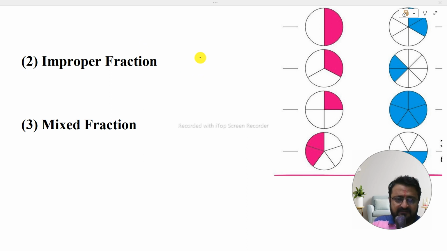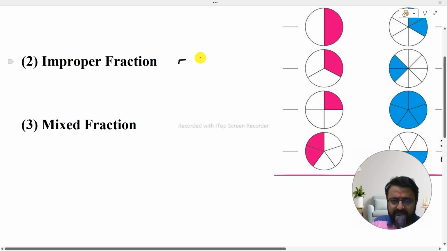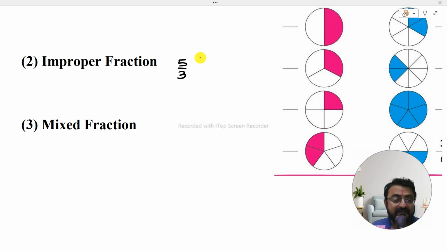I will give one example, like 5 upon 3. 5 is bigger because it is the numerator, and in an improper fraction, the numerator is bigger. What is the basic method to convert improper into mixed fraction? Simply apply the division method: divide 5 by 3.